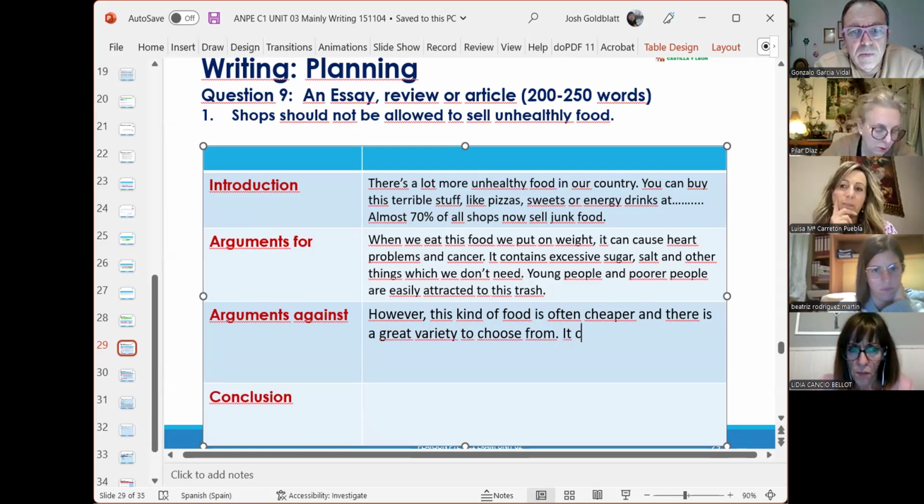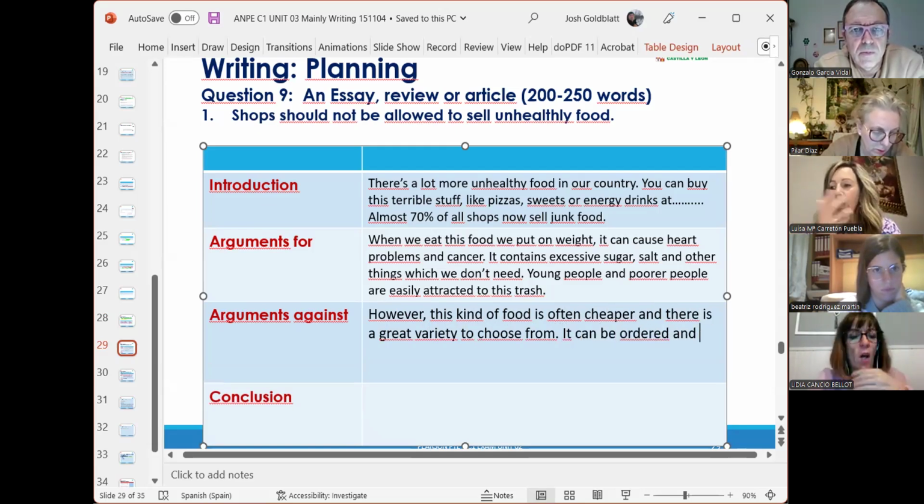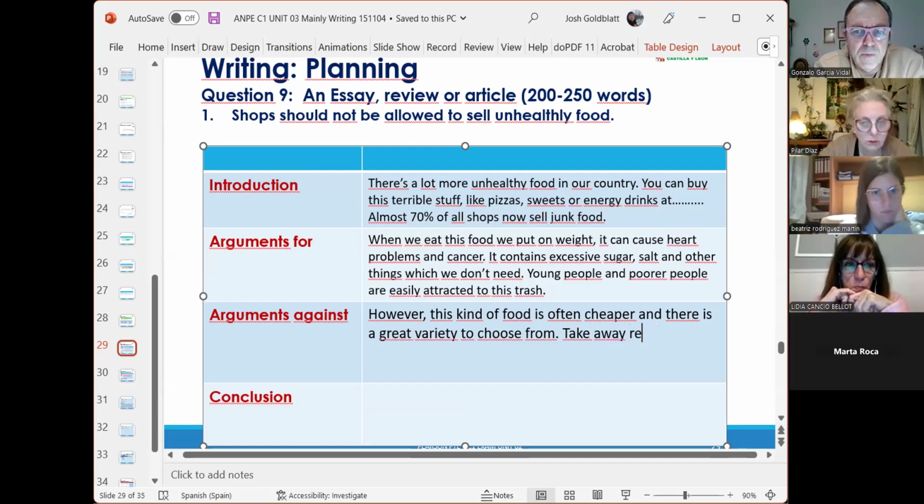Yes, takeaway food shops are a solution in our society because we are in a rush all day. Okay, so takeaway restaurants.